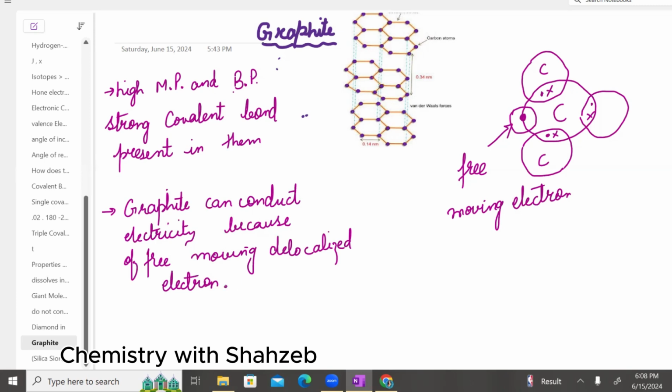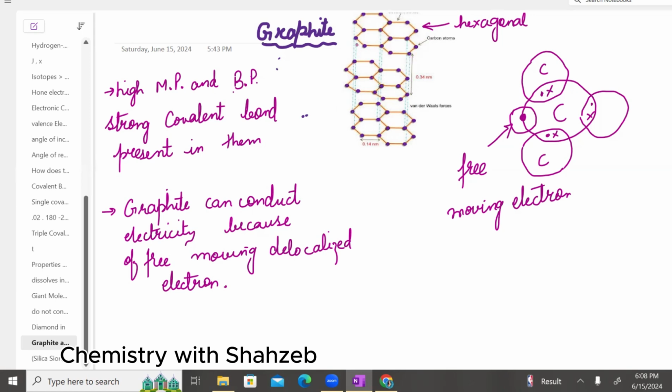Okay. So now, first of all, you can see that graphite has a hexagonal structure, and it is present in layers.